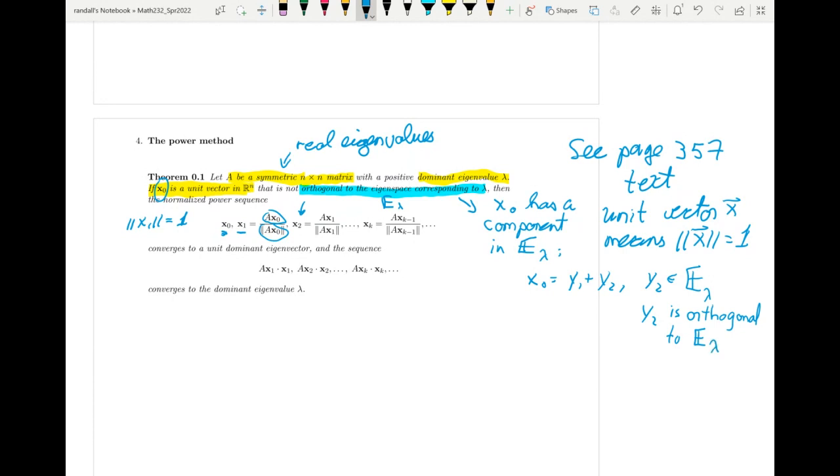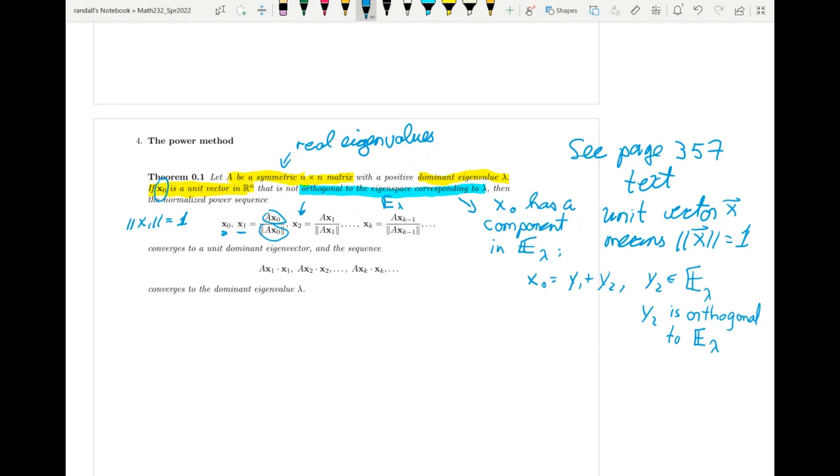So I'm not writing x naught in a tricky way where y2 is in the eigenspace and then y1 just happens to be the negative of that y2. No, I'm writing it so that x naught does have a piece in the eigenspace and what's left over is not in the eigenspace, the y1.